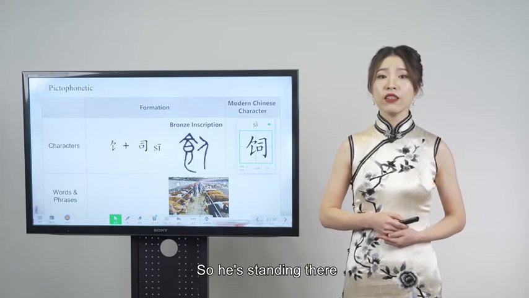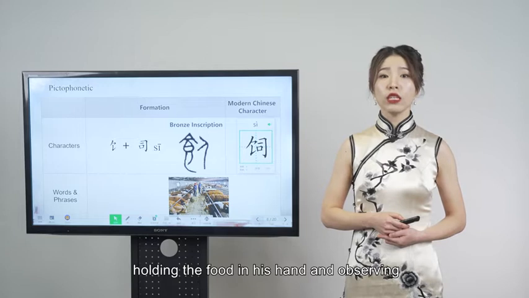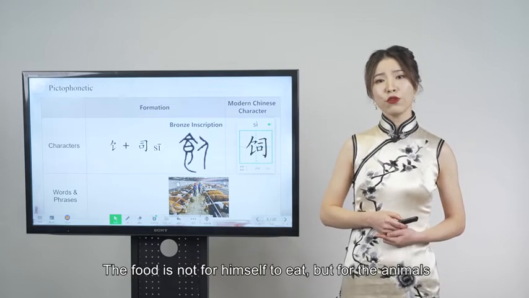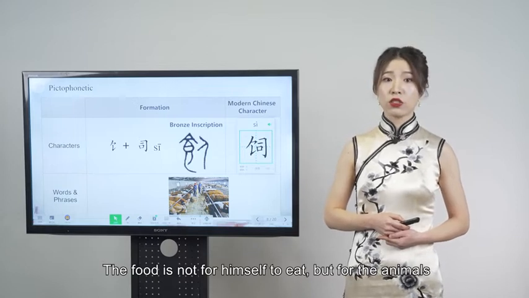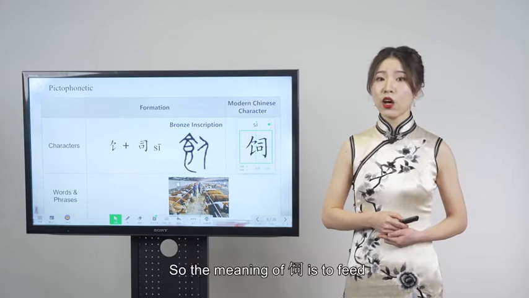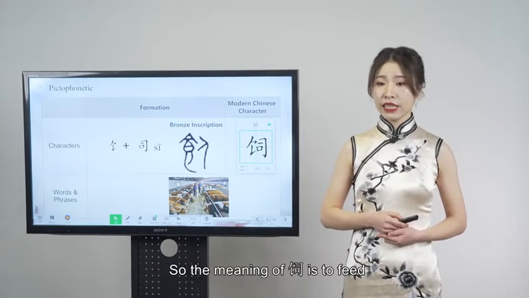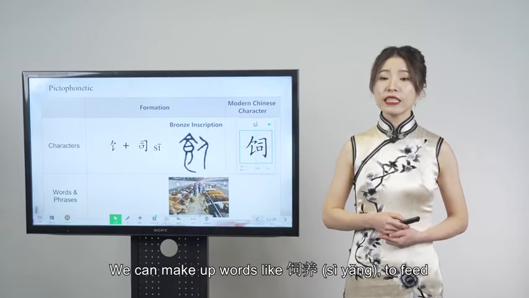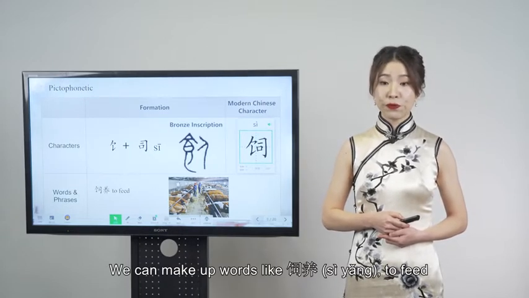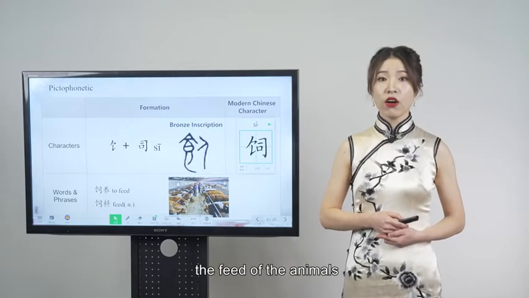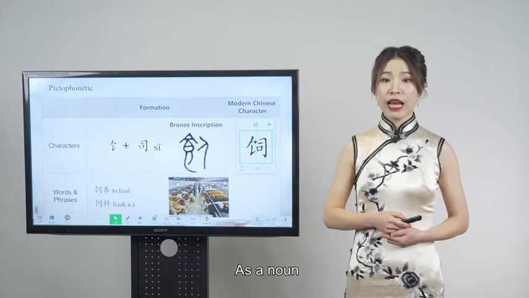So he is standing there, holding the food in his hand and observing. The food is not for himself to eat, but for the animals. So the meaning of 饲 is to feed. We can make up words like 饲养 to feed, 饲料 the feed of the animals as a noun.